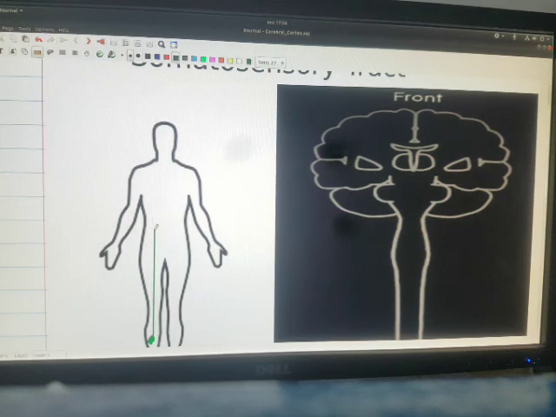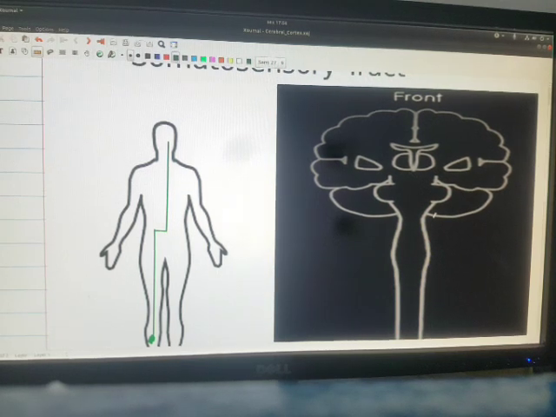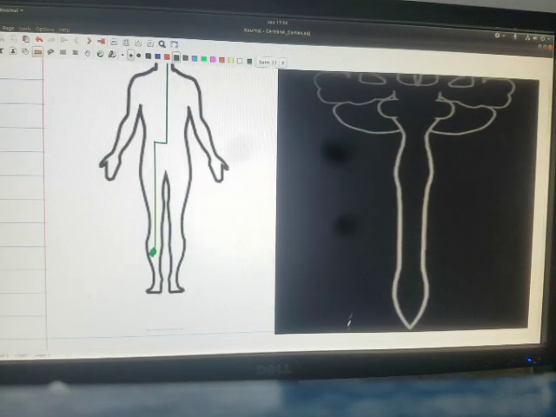And then it will enter the spinal cord, and it will go up until the cerebrum. So here is a drawing of the cerebrum. So it would be like that. Here comes the information.